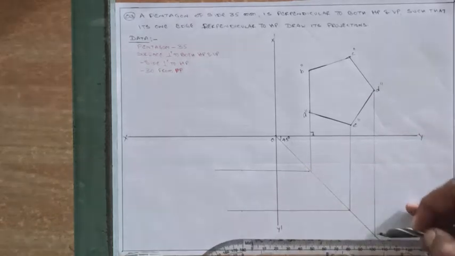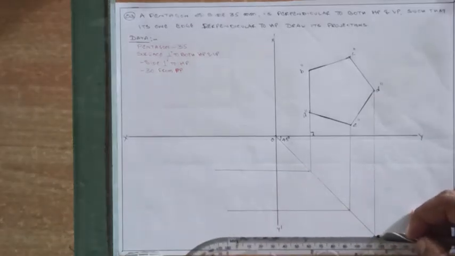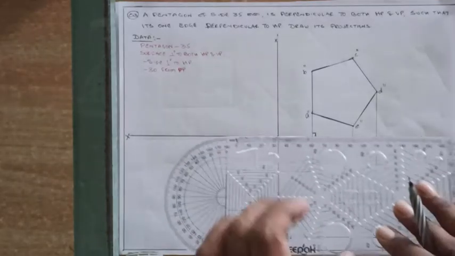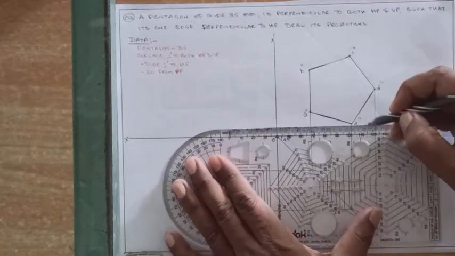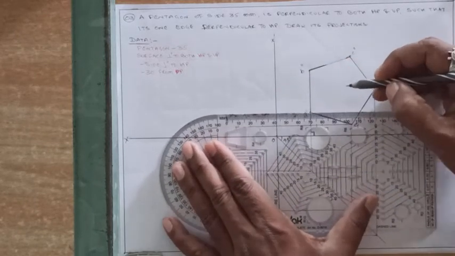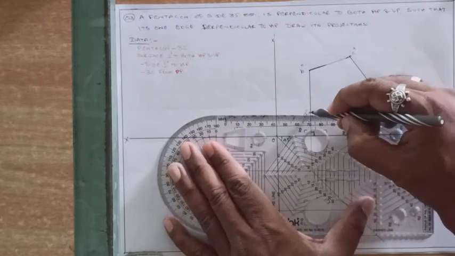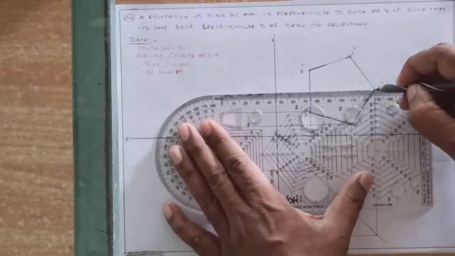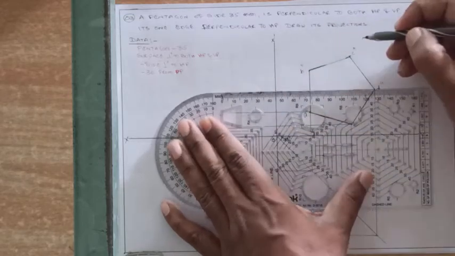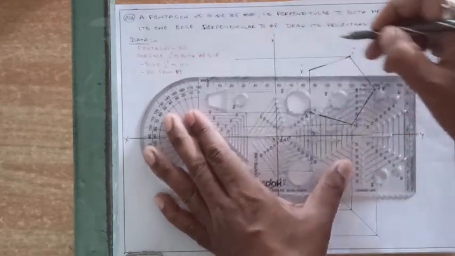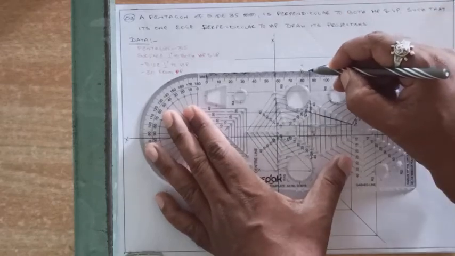Similarly, from the side view also draw horizontal projectors to obtain the front view. All are thin projectors, very thin projectors.